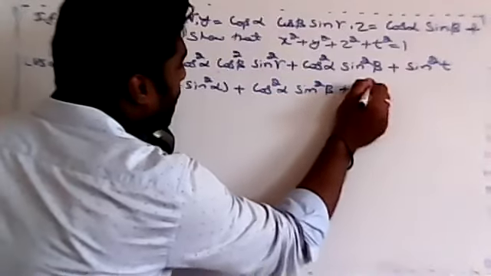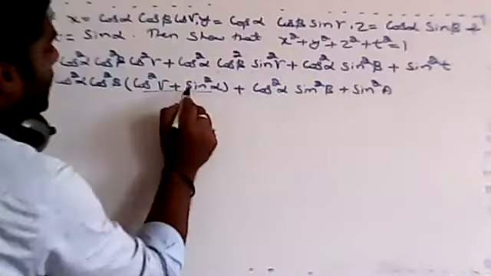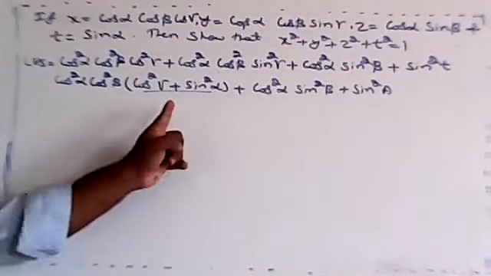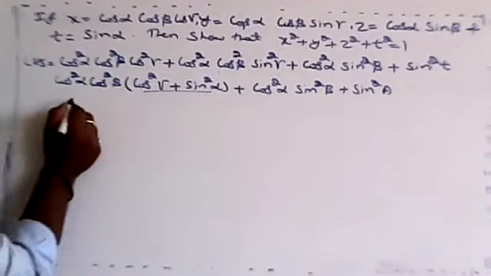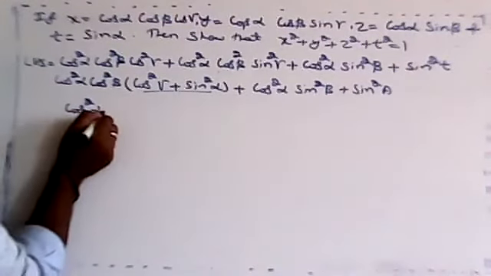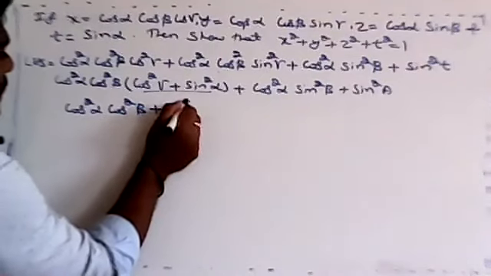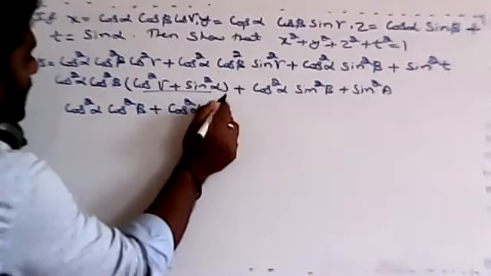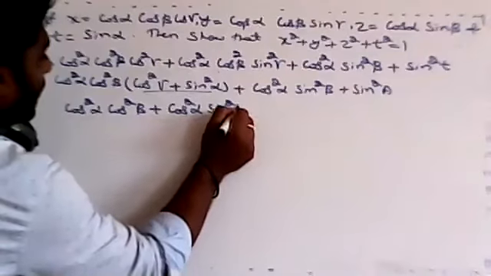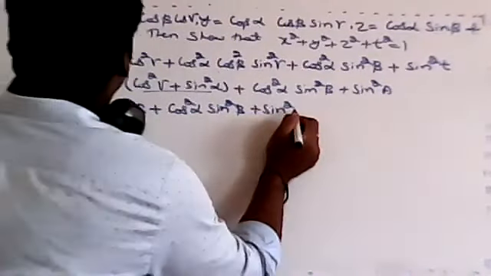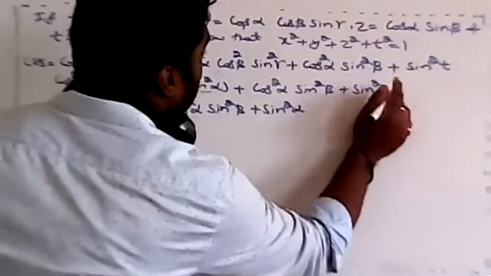So as we know, cos square theta plus sine square theta is 1, no? So this becomes 1. So remaining is cos square alpha into cos square beta plus cos square of alpha into sine square of beta plus sine square of alpha.